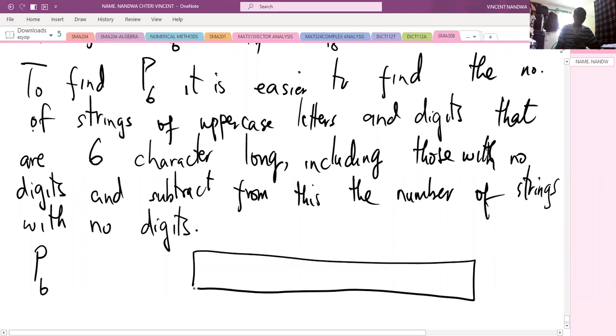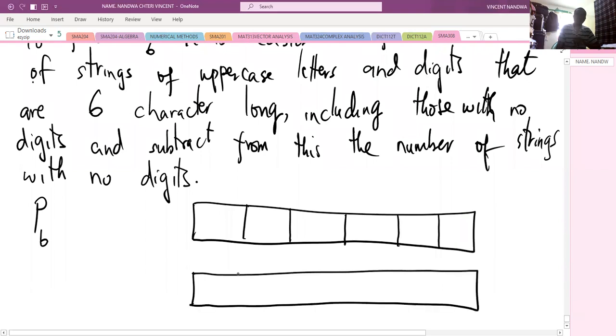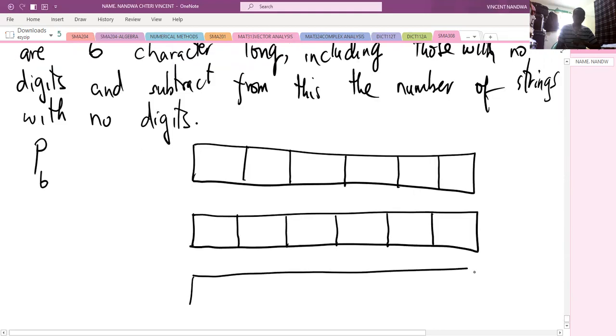So I want to draw 1, 2, 3, 4, 5, 6, and then let me have another one here, 1, 2, 3, 4, 5, 6, and then I have 1, 2, 3, 4, 5, 6.